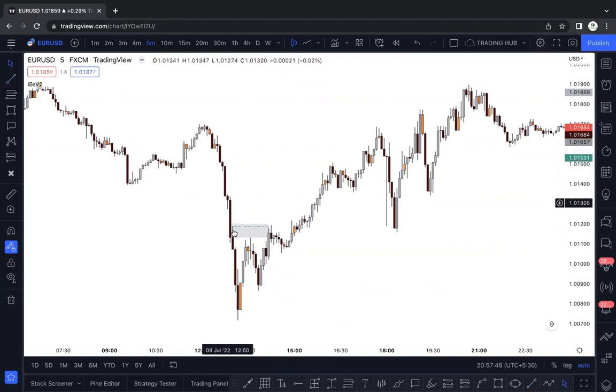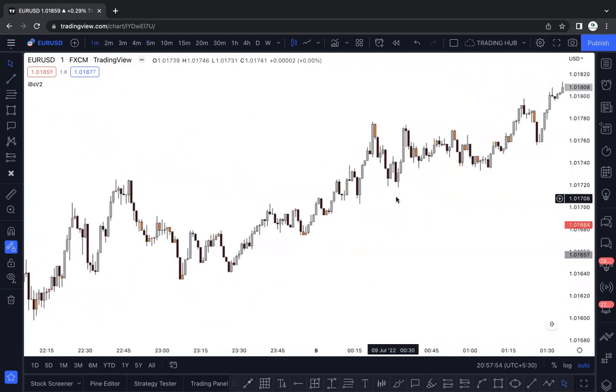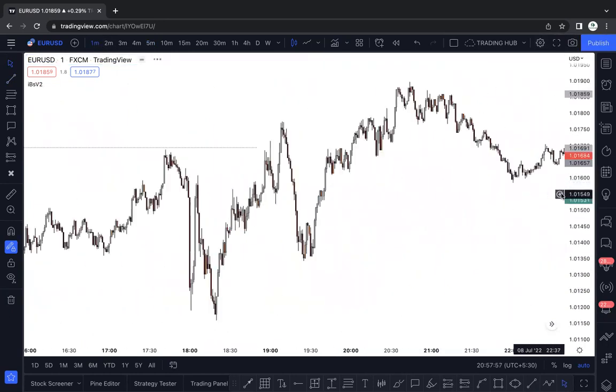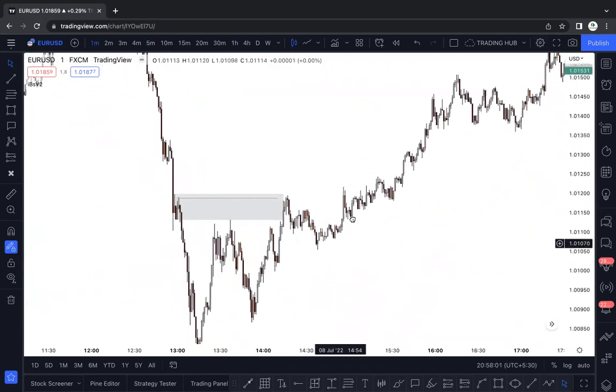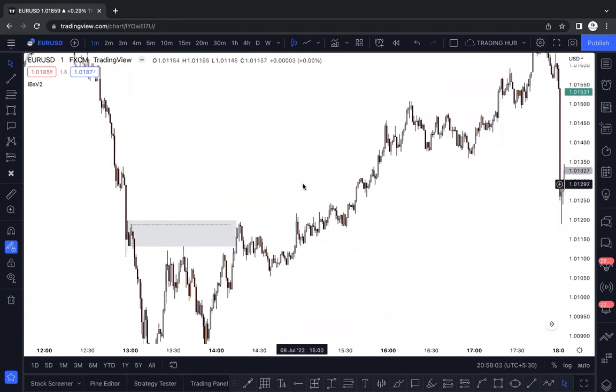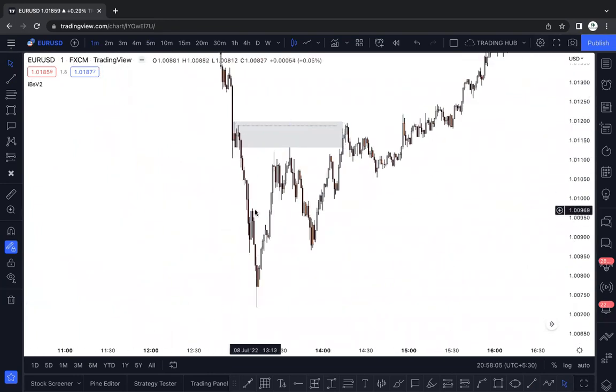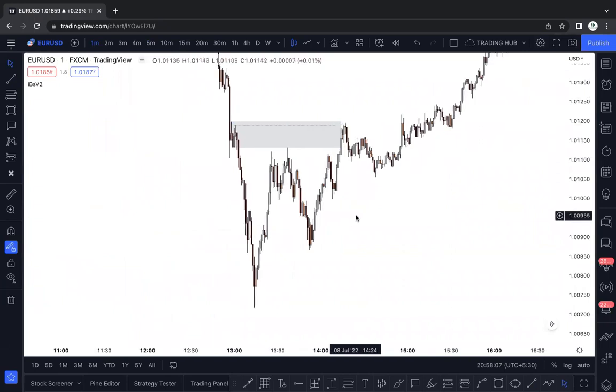If you are seeing this move in a 5 minute, then you must take out this high in a 5 minute. If you are looking here in a 1 minute, then you can anticipate this move as per the 1 minute time frame structure, and then you can use this high as a 1 minute.